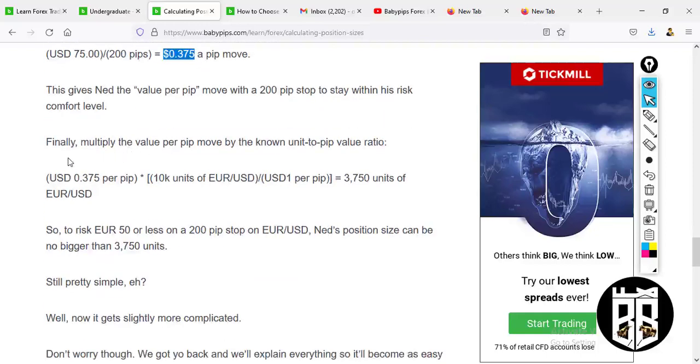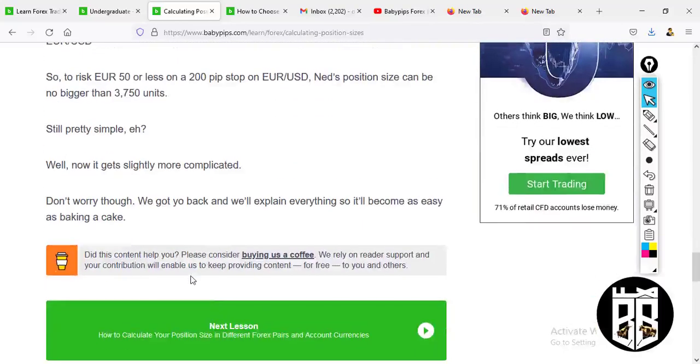So finally, you multiply the value per pip by the known unit-to-pip-value ratio. 0.375 per pip multiplied by 10,000 units of Euro USD divided by $1 per pip equals 3,750 units of Euro USD. So to risk 50 euros or less on a 200 pip stop on Euro USD, the position size can be no bigger than 3,750 units.